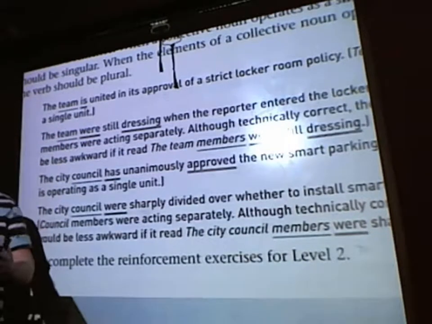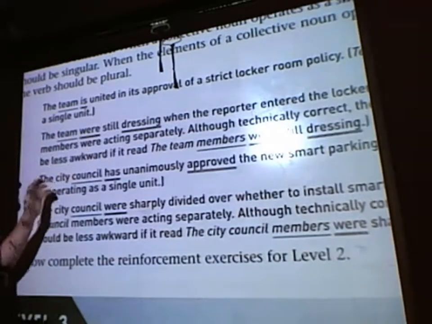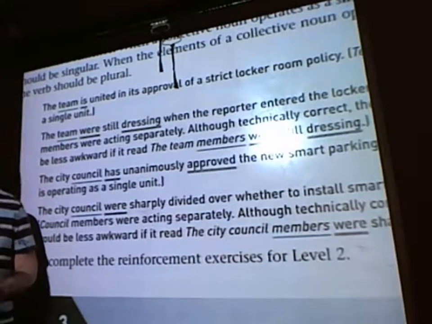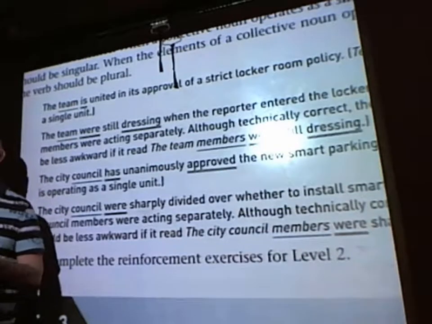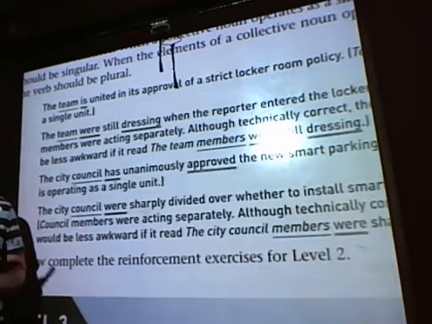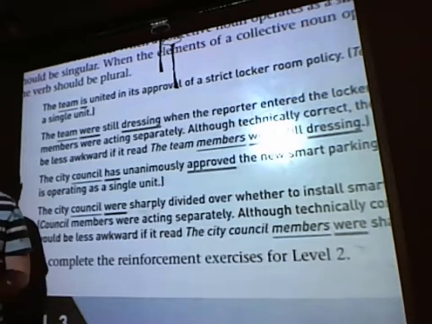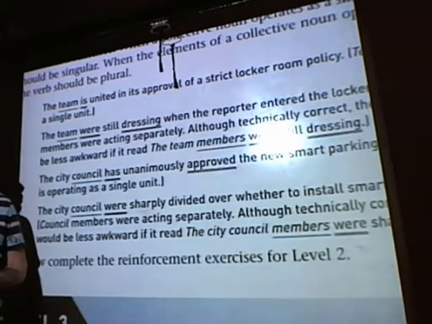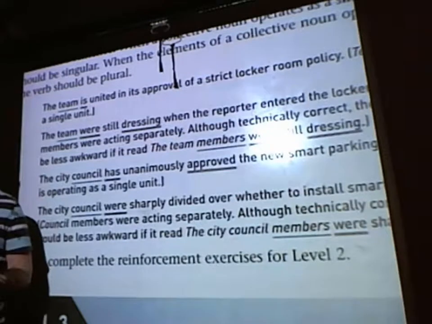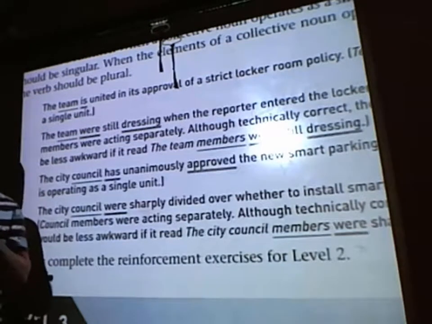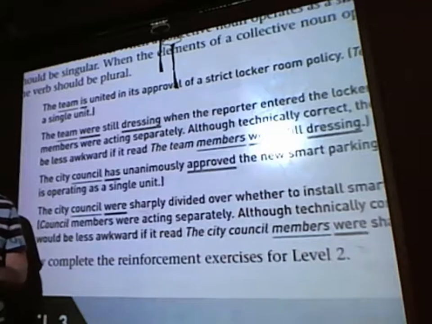Probably better to say the team members were still dressing when the reporter entered the locker room, making members plural, and then we could use a plural verb, were. That would be a better way to structure it, but the team certainly is acting independently of one another, so it becomes plural and we need a plural verb.